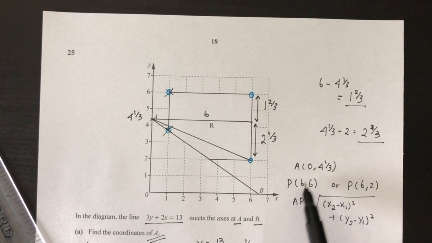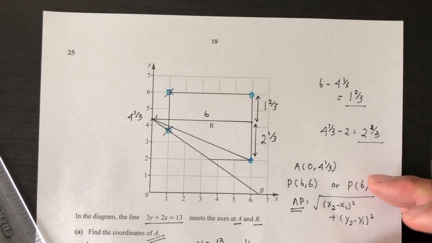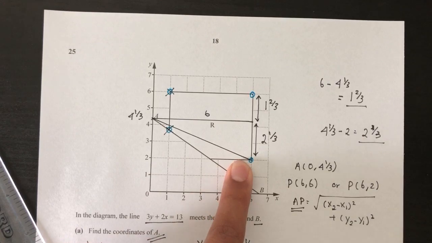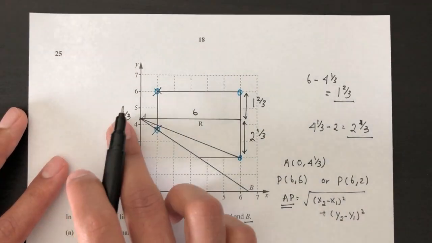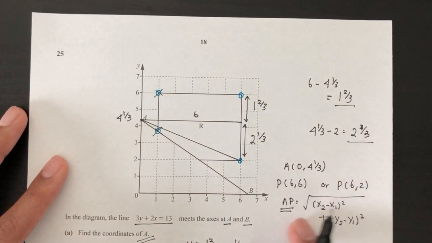So you try each point in this formula, and you can find which one has the larger value. You can just compare the two values and you will know which one is higher. It is only 1 mark, so it's not hard. You can just measure the distance and compare, or you can use the formula to see which of those 2 points will give you the max value for AP.